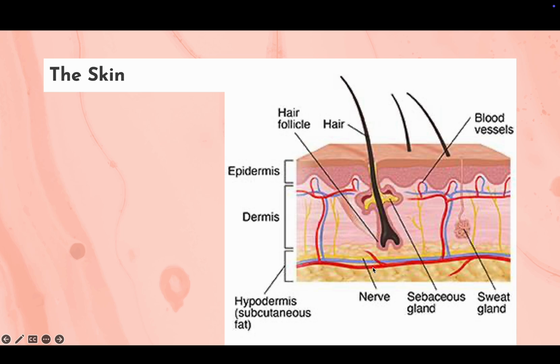Red is always going to be blood vessels coming in here. If you take a look, they don't go into the epidermis. They're only located in the dermis, and these blood vessels run throughout. At the bottom layer is where the layers of cells are being produced as they're pushed up toward the surface of the skin.